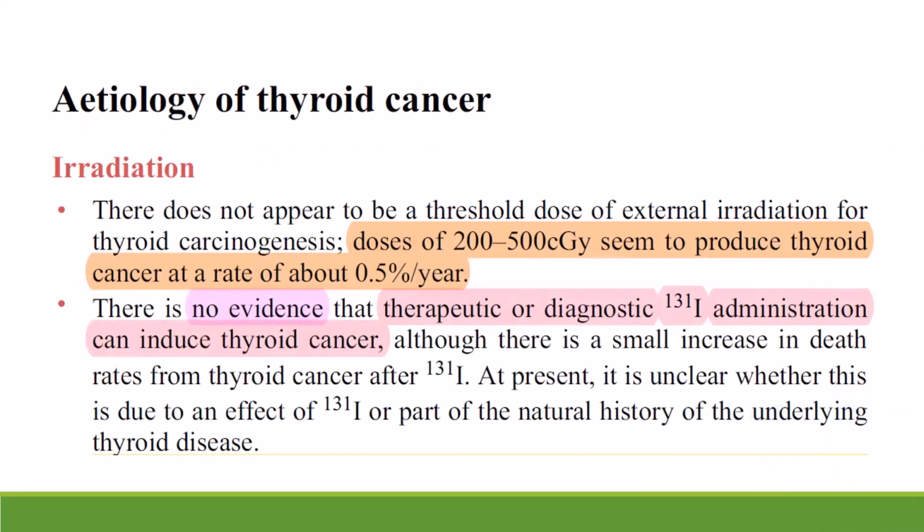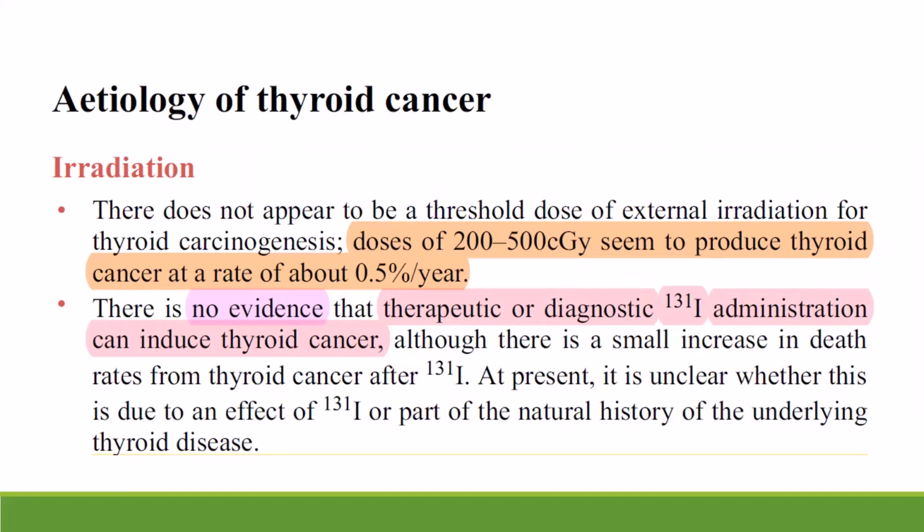Etiology of thyroid cancer and the risk factors for development of thyroid cancer. Radiation is one of the most important etiological causes of thyroid cancer. Actually, external radiation does not appear to be strongly thyroid carcinogenic.